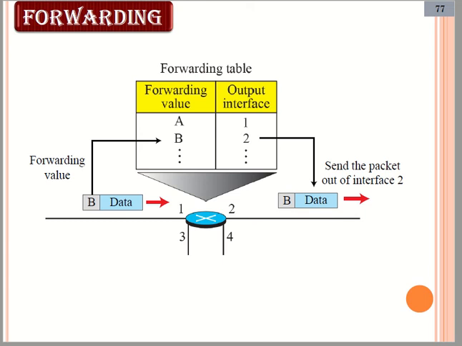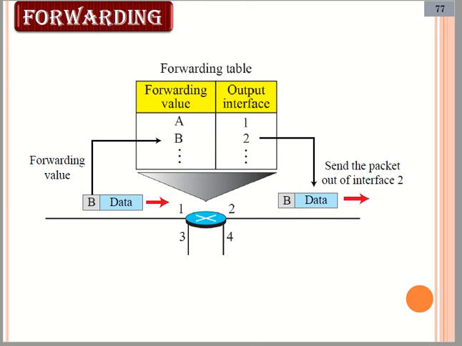So whenever the packet arrives at the router in any of the interfaces, the action taken by each router is called forwarding. To move the packet forward, a decision making table is normally used by the router. We call this a forwarding table or a routing table.